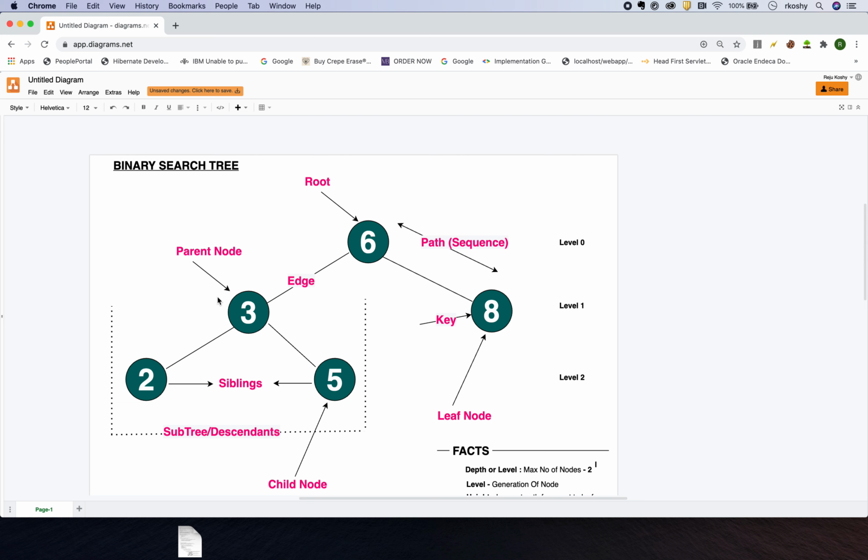At that time we will discuss how we can create a binary search tree, how it pushes the highest value to the right and the lowest value to the left of the current node, and how we can do these three types of traversal: in-order, pre-order, and post-order traversal in a binary tree. That's very important to understand.